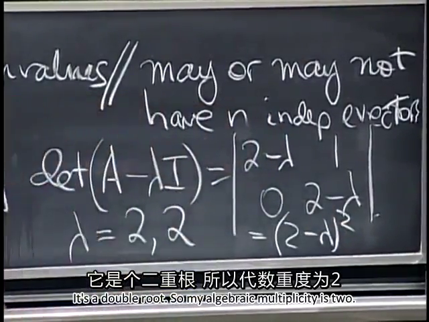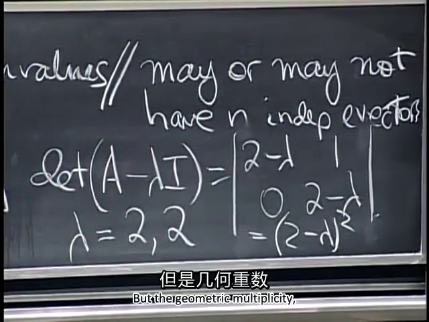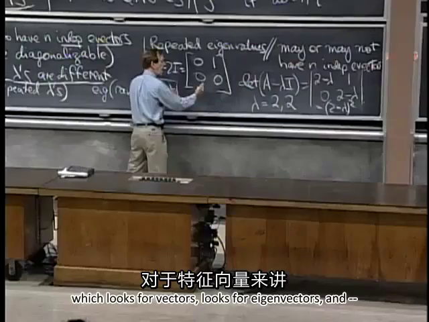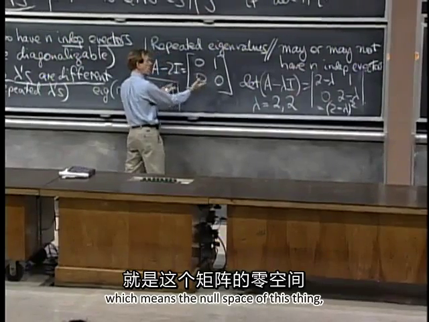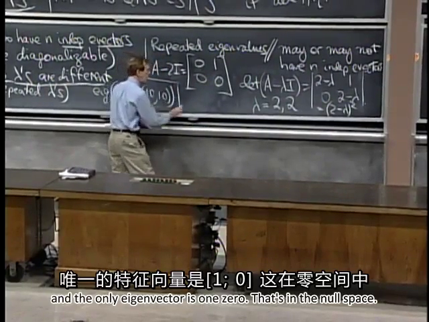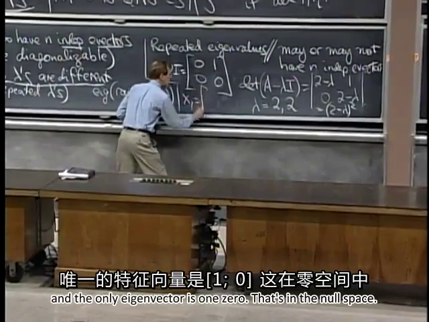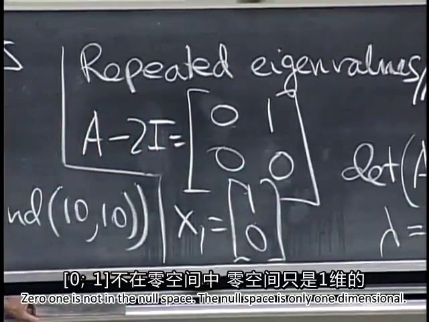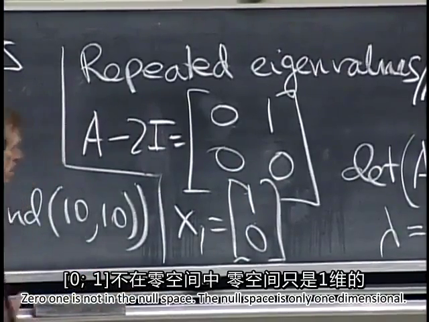It's a double root. So my algebraic multiplicity is 2. But the geometric multiplicity, which looks for eigenvectors, which means the null space of this thing, is different. The only eigenvector is 1, 0. That's in the null space. 0, 1 is not in the null space. The null space is only one-dimensional.